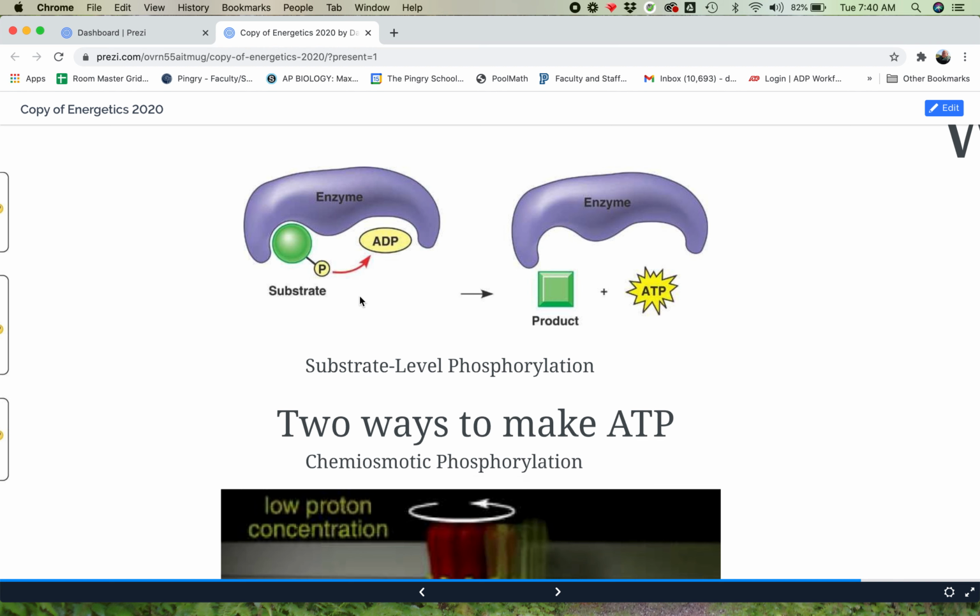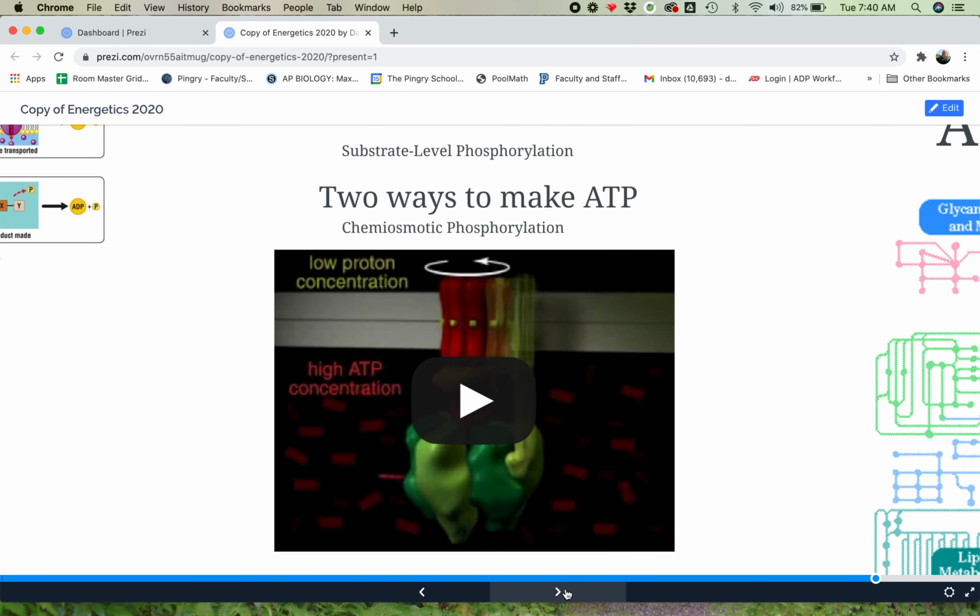We also talked about how to make phosphate by substrate level phosphorylation and using the ATP synthase, which is chemiosmotic phosphorylation, because chemicals are transferring through the membrane, spinning this thing. Two ways to drive chemiosmotic phosphorylation are oxidative phosphorylation in the mitochondria and using light, or photophosphorylation, in the chloroplast.